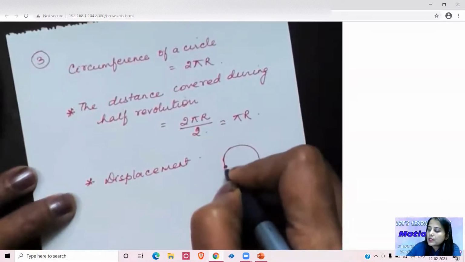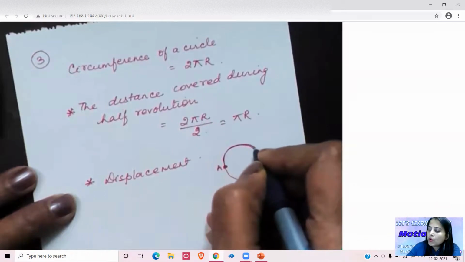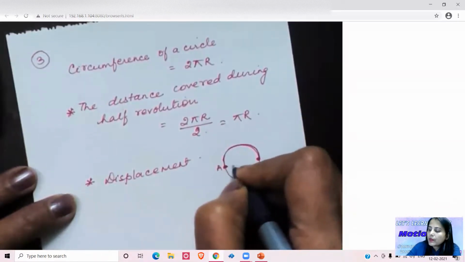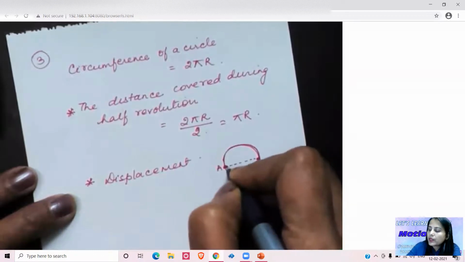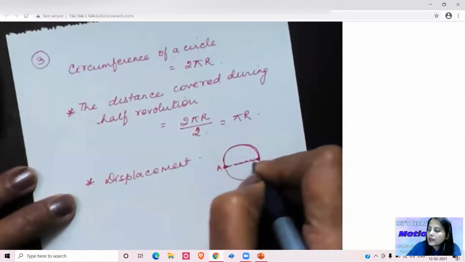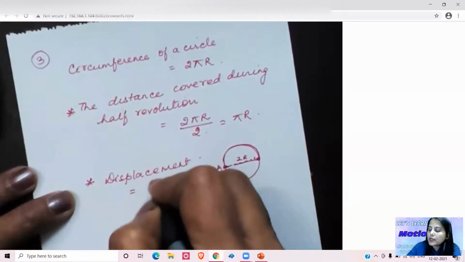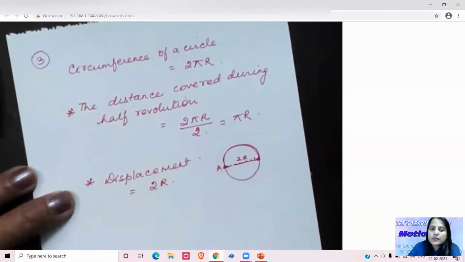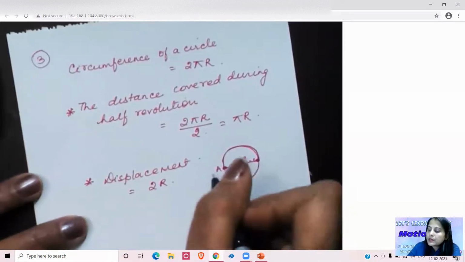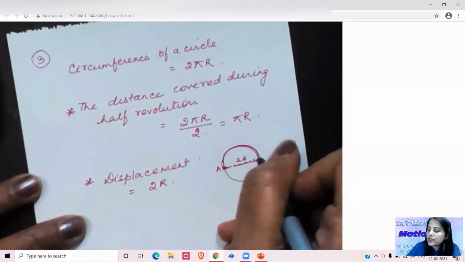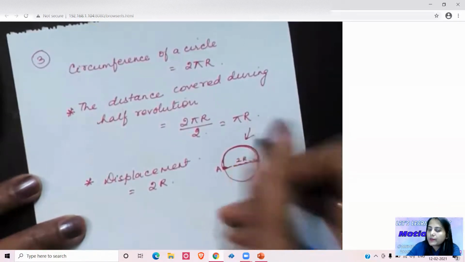If the person starts walking along this path and reaches here, where is he covering? He is covering the diameter, isn't it? So displacement will be nothing but twice the radius, that is the diameter. And half of the whole circumference is nothing but this pi r.